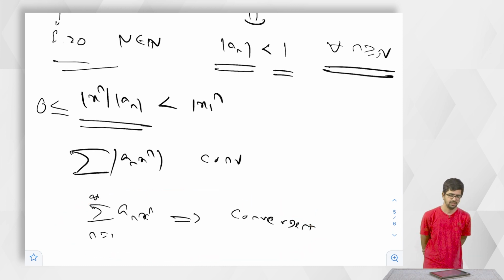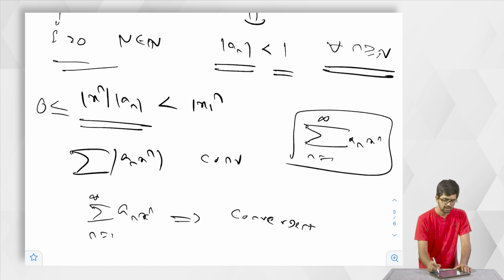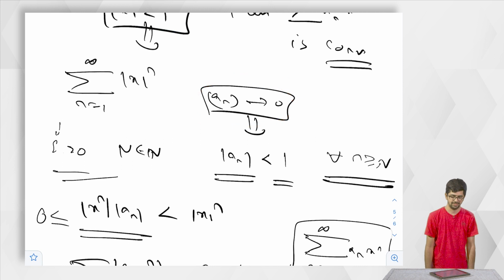Checking for convergence of the power series, the summation of a_n x power n from n equal to 1 to infinity: it is most likely convergent if I know that mod x is less than 1 and a_n goes to 0. Boundedness is also sufficient.